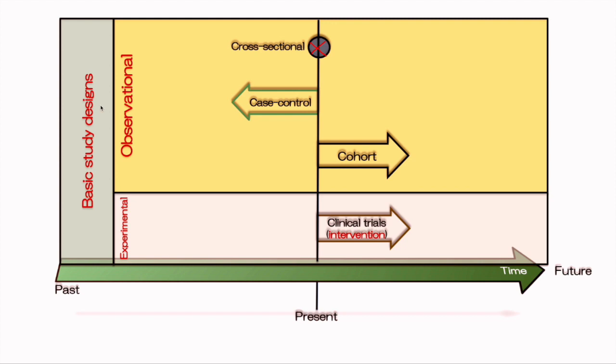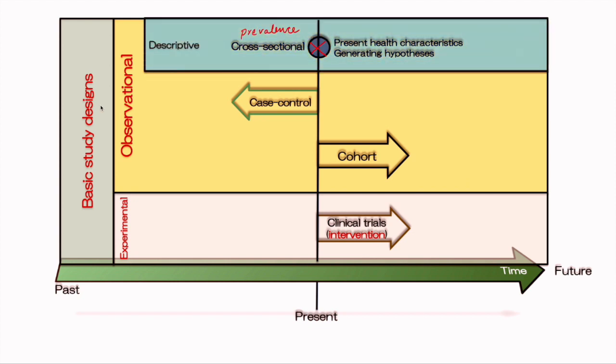And if you remember, we can calculate the prevalence through cross-sectional studies. And because we are just describing a characteristic in the population, we can also call it descriptive statistics.